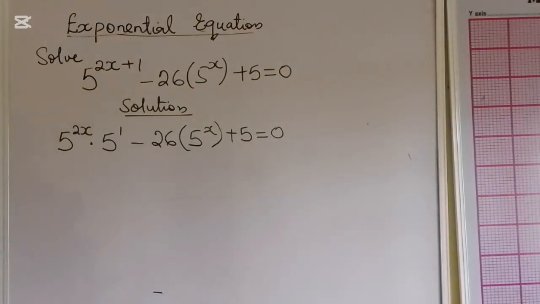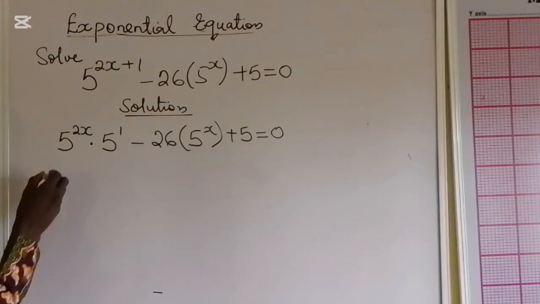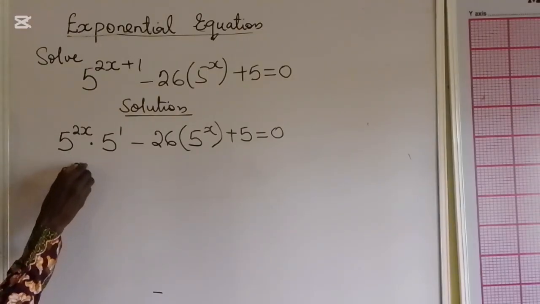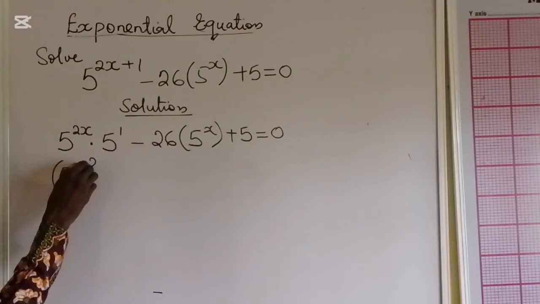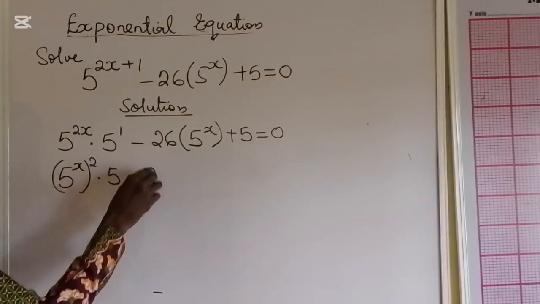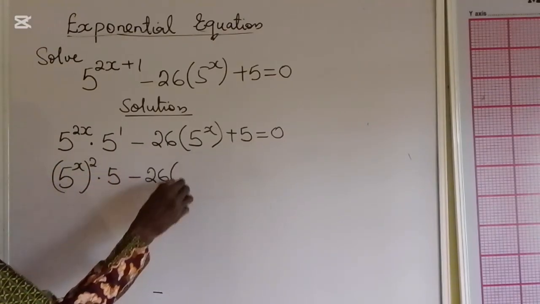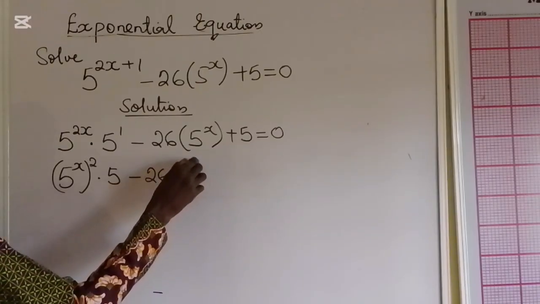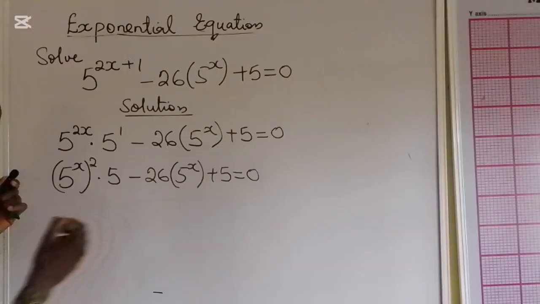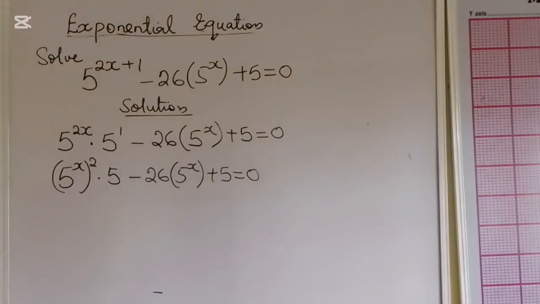I can also bring this down in this form as a product law of indices, which is 5 raised to the power x raised to the power 2 times 5 minus 26 times 5 raised to the power x plus 5 is equal to 0.